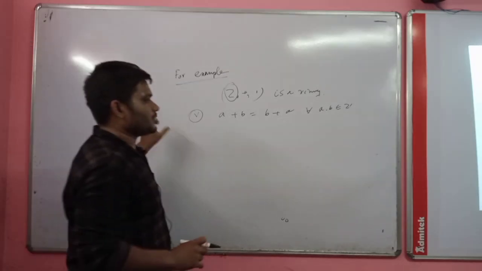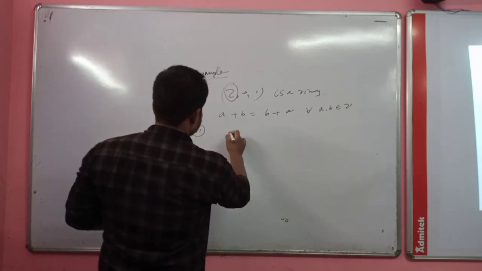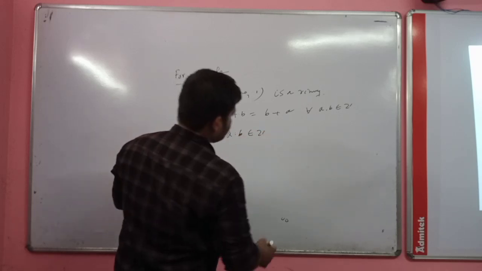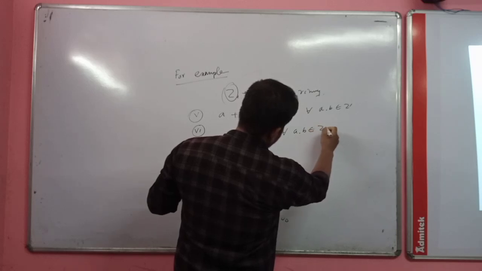Group satisfy করতে হবে। 6 নম্বর কন্ডিশন কি ছিল? 6 নম্বর কন্ডিশন এবার মাল্টিপ্লিকেশন এর সাপেক্ষে a dot b belongs to Z for all a, b belongs to Z.